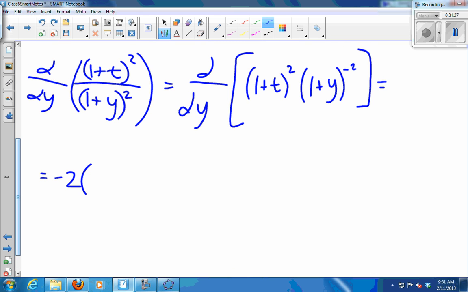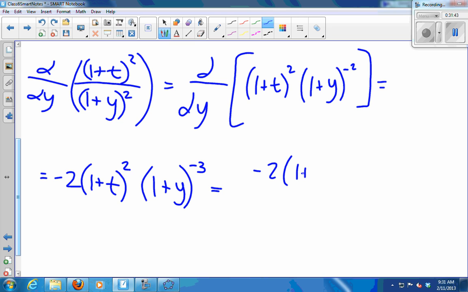Negative 2 times 1 plus t squared times 1 plus y to the negative 3. And the derivative of the inside is just 1, so there it is. Which is negative 2 times 1 plus t squared over 1 plus y cubed.